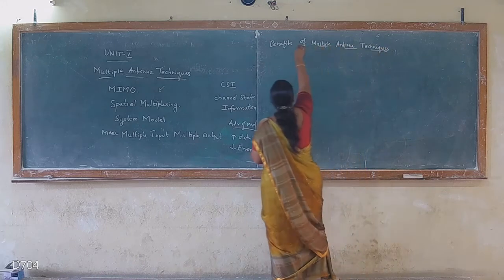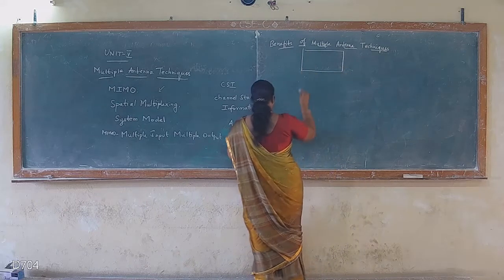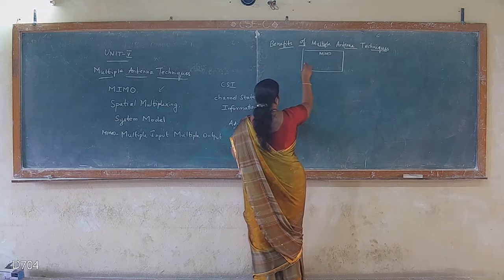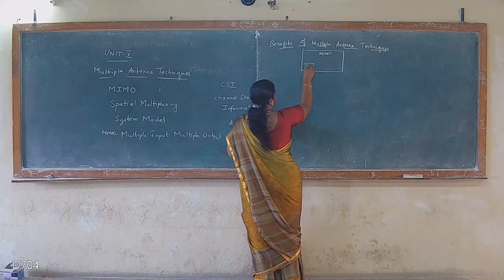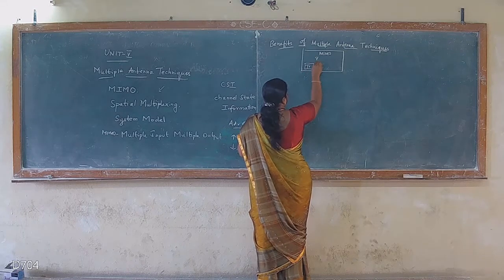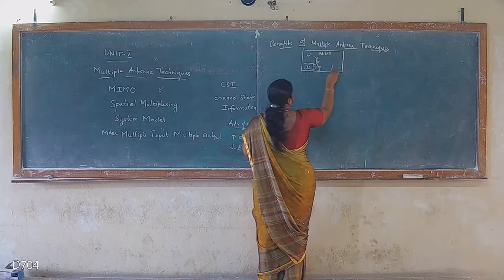Here TR indicates the transmitter. It is going to have more than one antenna, and this indicates your antenna. Similarly, at the receiver side, I am going to draw more than one antenna for receiving.